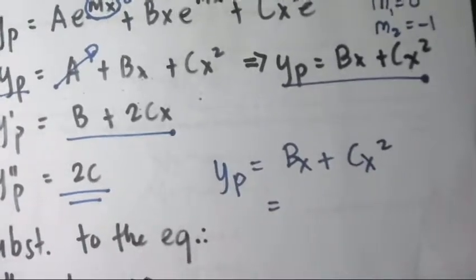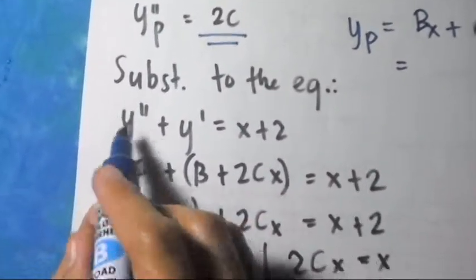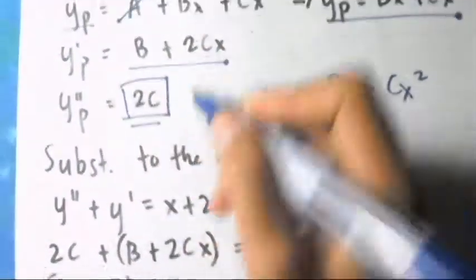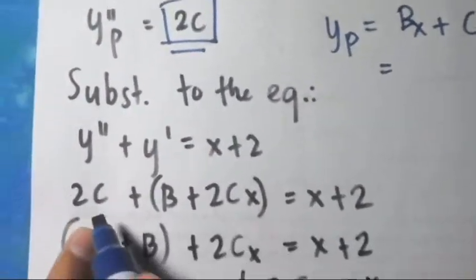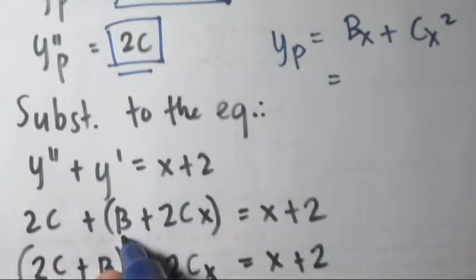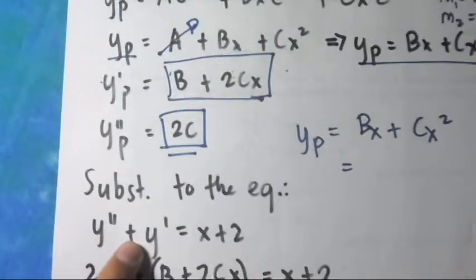Having this y double prime as a result, we substitute it here, and the y prime also, by the given equation.